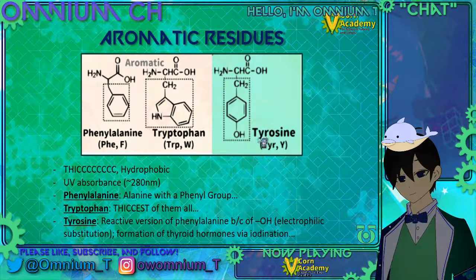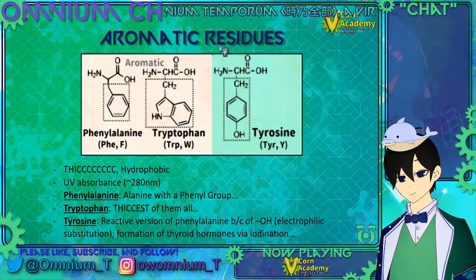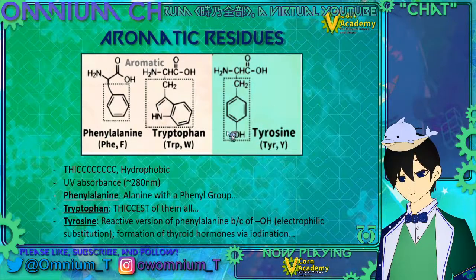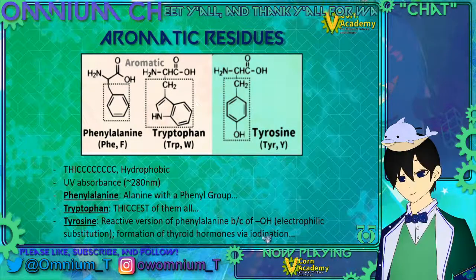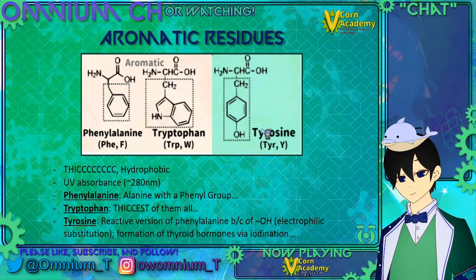And then tyrosine, because of this OH group right here, is grouped differently. It kind of just overlaps. Tyrosine can react with iodine to form thyroid hormones. Yeah, it's called iodination. It's electrophilic substitution, so it usually reacts right here.